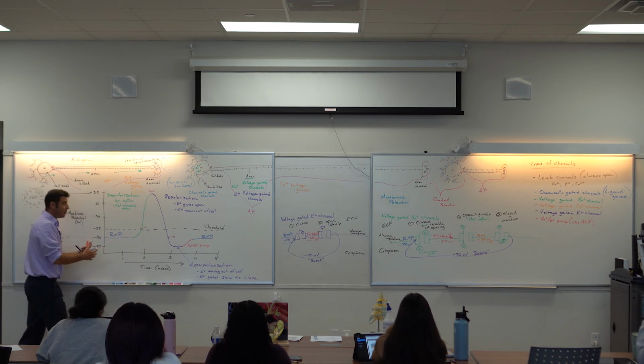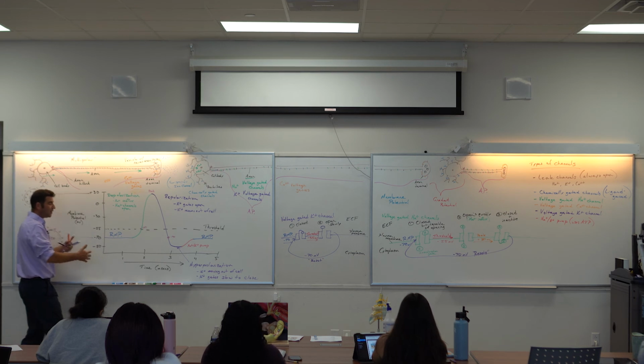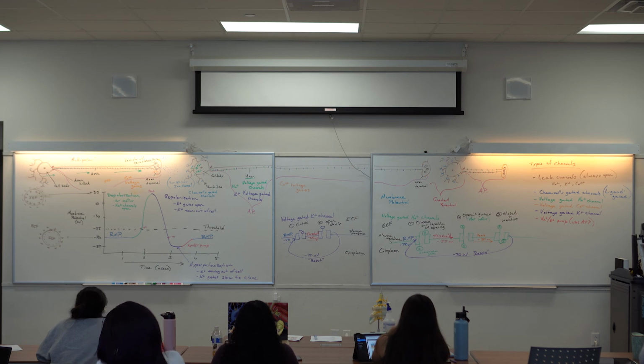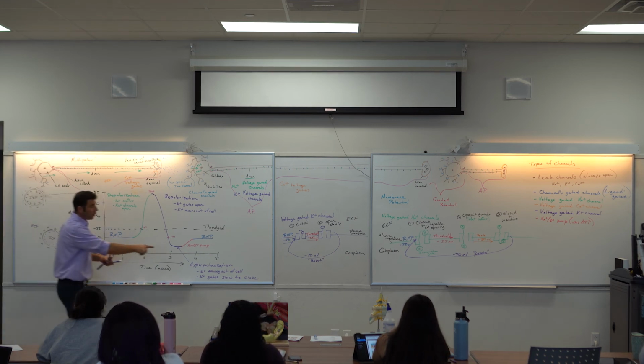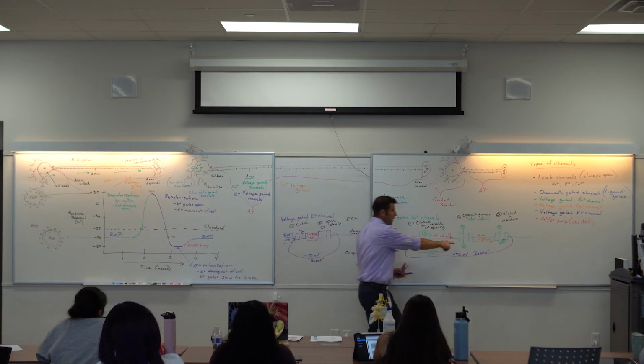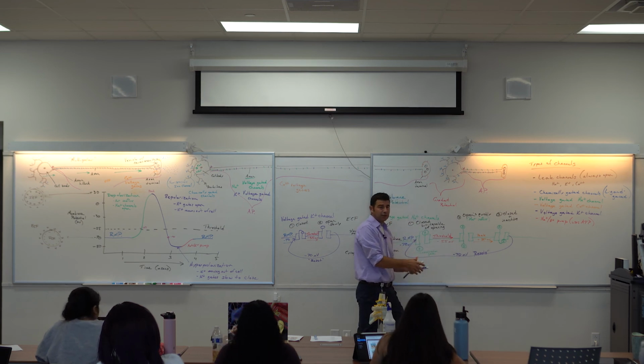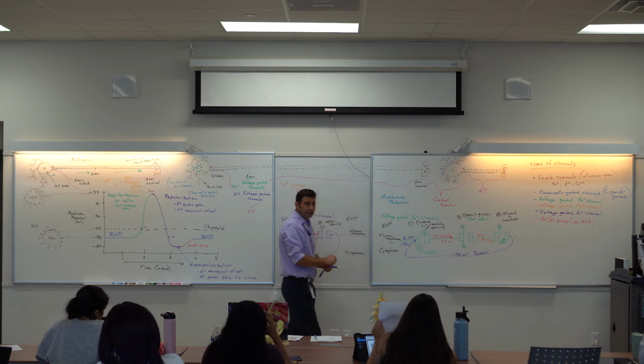Remember, the sodium-potassium pump works by creating this concentration gradient so that there's way more sodium outside the cell than there is inside the cell. And when these voltage-gated sodium channels finally open, sodium is going to move into the cell because there's very little of it inside the cell.